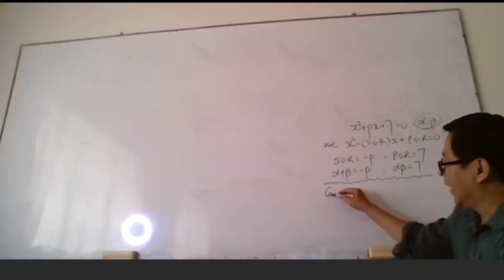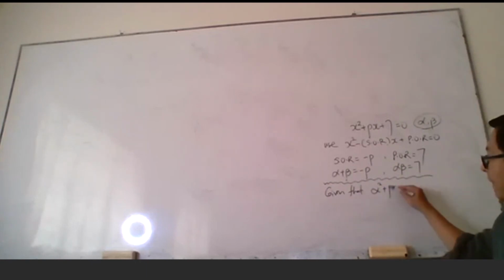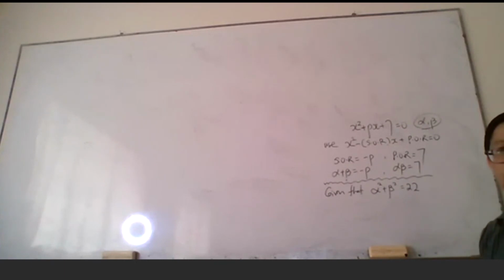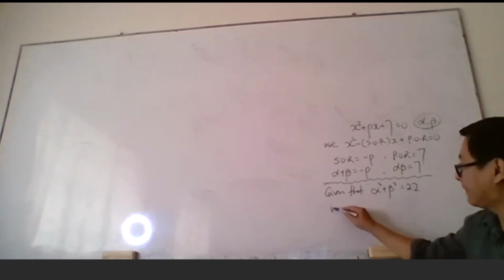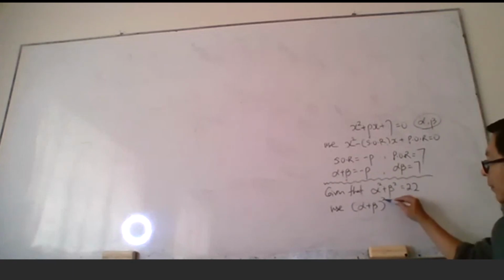Given that alpha squared plus beta squared equals 22, I'm going to use (alpha plus beta) squared minus 2 alpha beta. So you get 22.